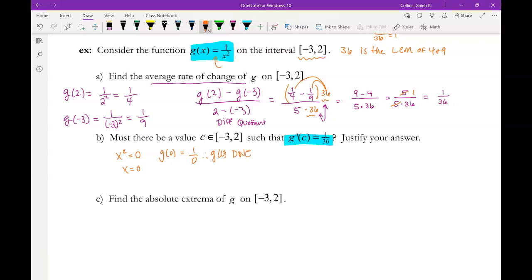So we don't necessarily have to show all this work, but what we can say here is because G is not continuous on the interval -3 to 2, the mean value theorem cannot be applied.